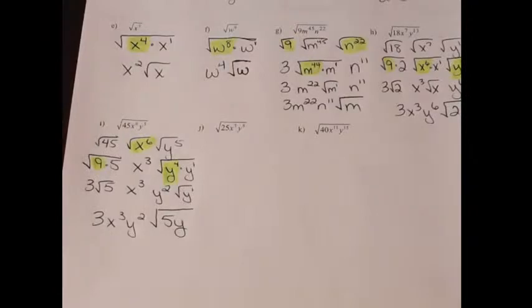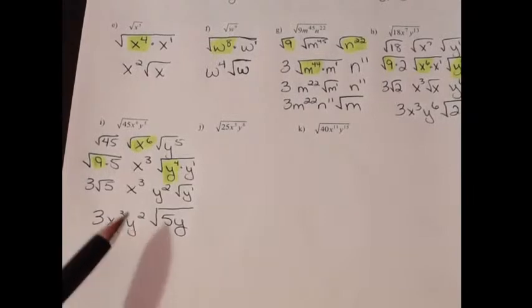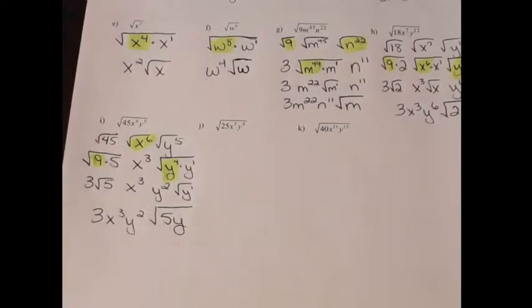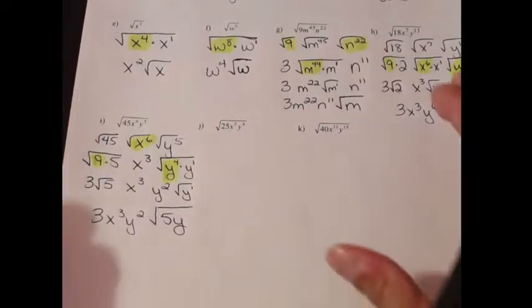So our final answer is 3x to the 3rd, y to the 2nd, square root of 5y. Keep in mind that everything is connected by multiplication. It's 3 times x to the 3rd times y to the 2nd times the square root of 5 times y, right? Just something to think about as you evaluate these radicals.